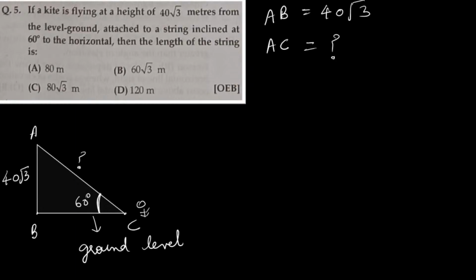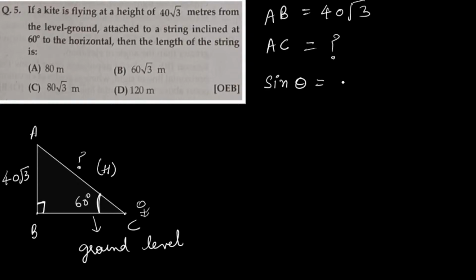So which trigonometric ratio can we use? Sine theta, because perpendicular and hypotenuse are involved. See, the longest side of a right angle triangle is the hypotenuse. It is always opposite to the right angle. So we have to use sine theta, because perpendicular and hypotenuse are involved.